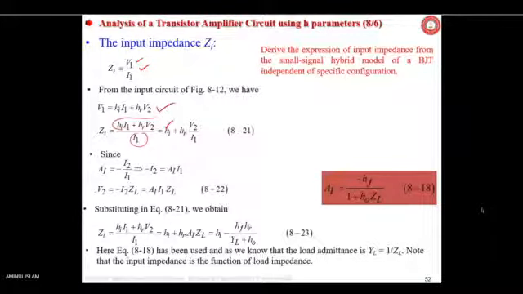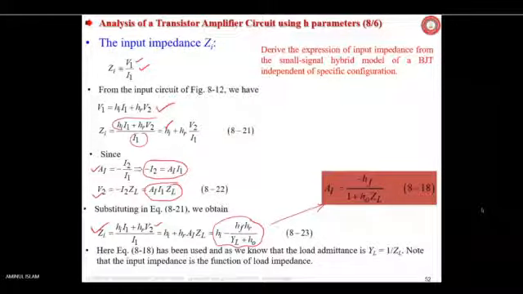And now, since AI is given as minus I2 by I1, which can be written as this, and V2 equals to this, we can write ZI equals to this. See whether you are able to follow up to this point or not. We have used this equation also.